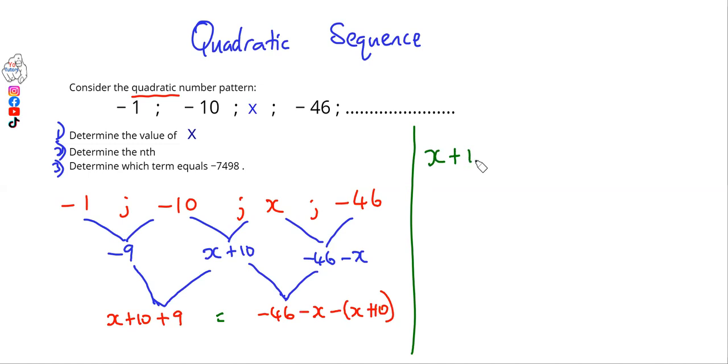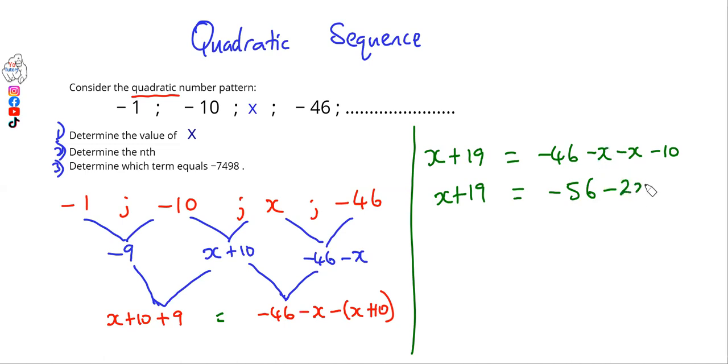x plus 19, which is this one here, must be equal to negative 46 minus x, minus x, minus 10, okay? Then from there, we can say x plus 19 equals negative 46 minus 10, which is negative 56, minus 2x.